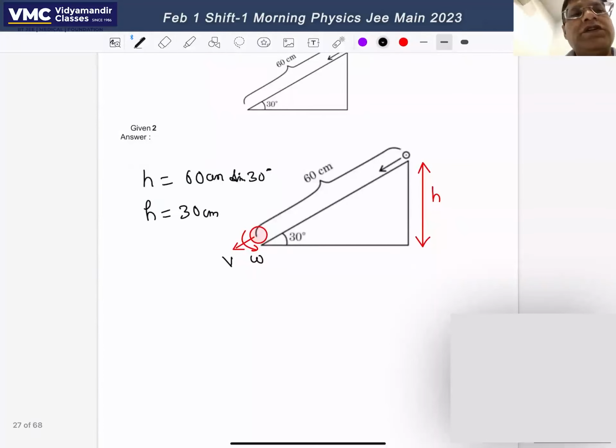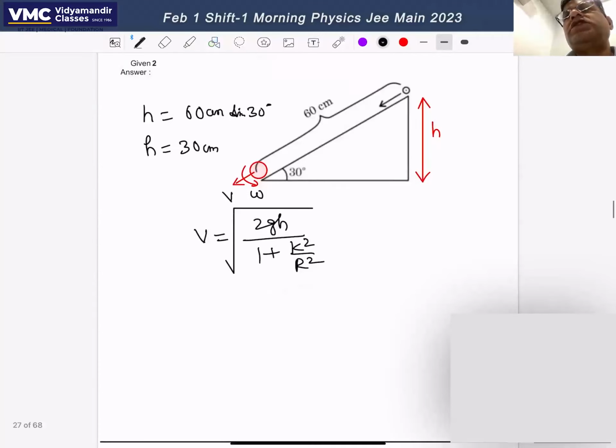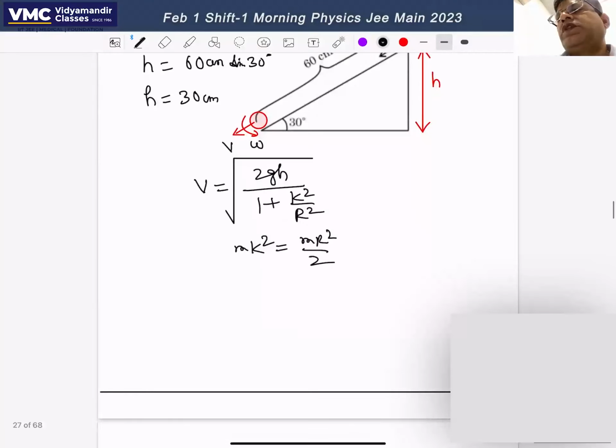So from here, this velocity comes out root 2gh divided by 1 plus k square by r square. So for a rolling body, velocity is given like this, where k is called radius of gyration. For this cylinder, m k square is m r square by 2. So that means this k square by r square is half.